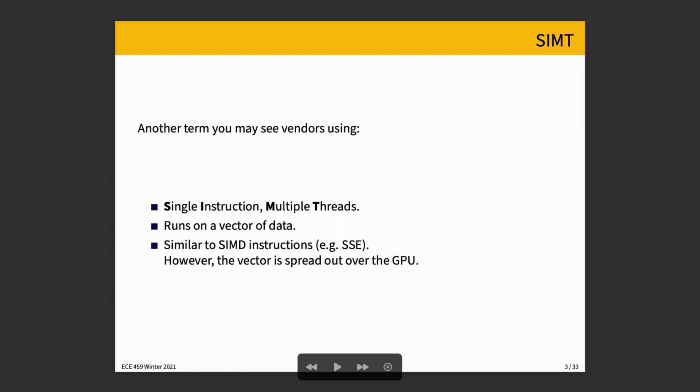Another thing that we might see when we talk about using the GPU is SIMT, which is slightly different from the SIMD that we talked about earlier. It's single instruction, multiple threads, and the goal is to run on a vector of data.